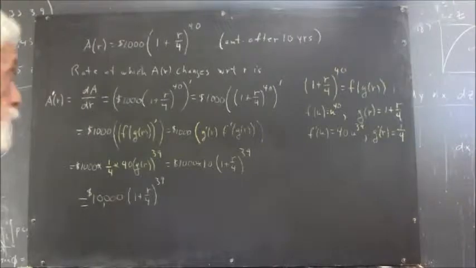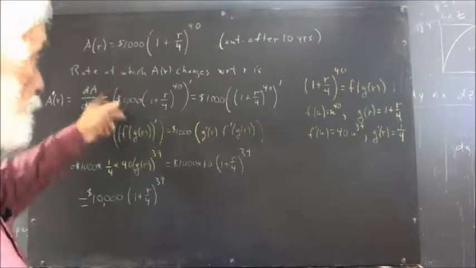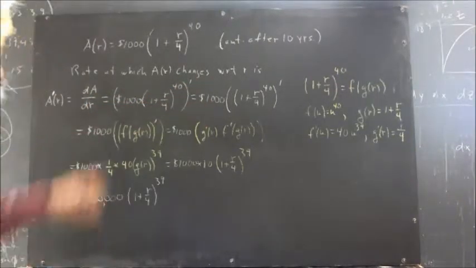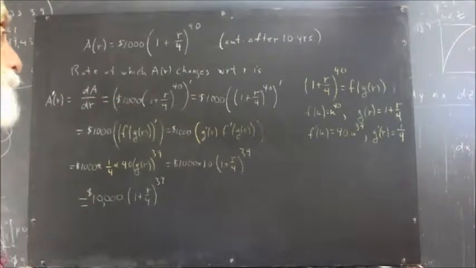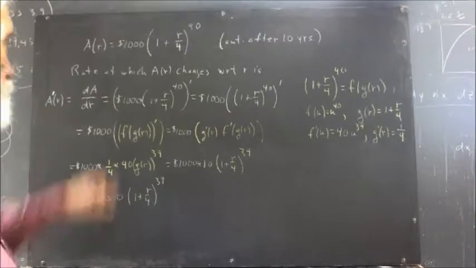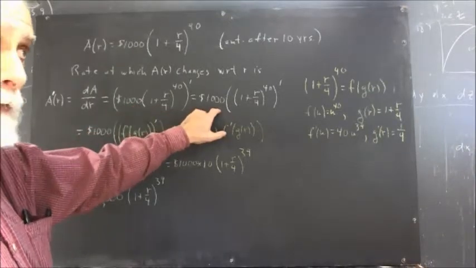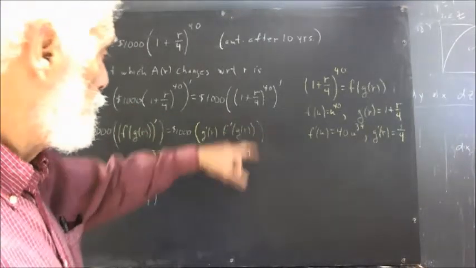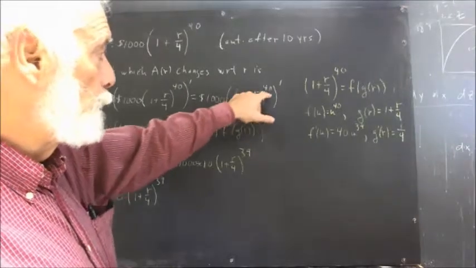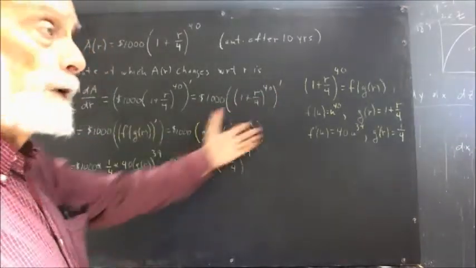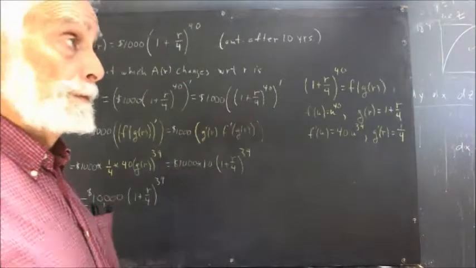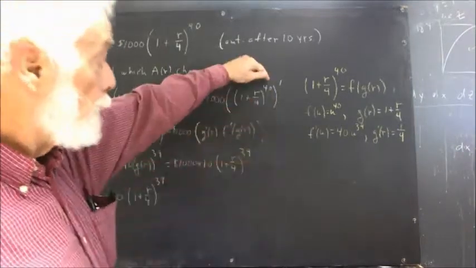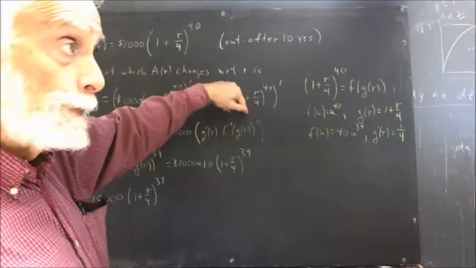I'm going to use the prime again. We have $1,000 times (1 plus R over 4 to the 40th) prime. What's the derivative? Well, we can factor out the $1,000, that's just a constant, and now we take the derivative of (1 plus R over 4) to the 40th. How are we going to take the derivative of that? Well, that's a composite. That's a 40th power of 1 plus R over 4.